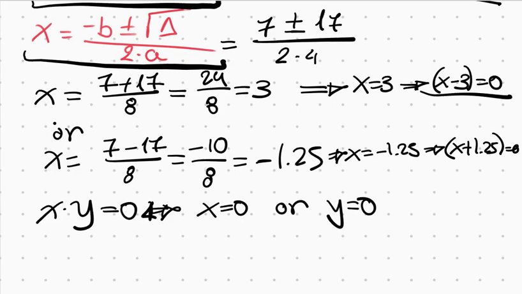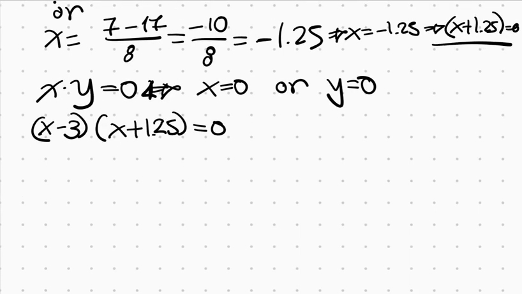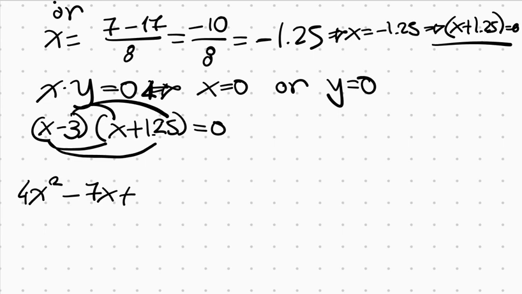So we can take those two and make a product of them: (x − 3)(x + 1.25). And the fun thing is, if we multiply 1 by 1 here and here, we will get the initial equation we had and then multiply with 4 to make it look even more similar, minus 7x, plus, minus 15 equals 0.